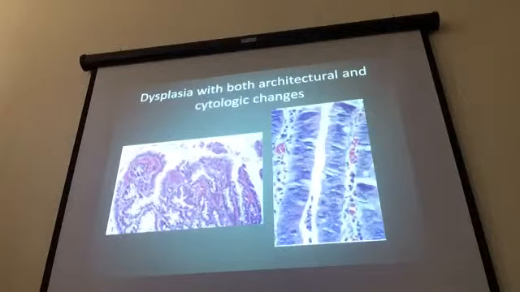And oftentimes there will be some associated architectural changes as well. So finding some complex architecture like this can be very useful. Here's a high magnification to show this loss of polarity in the mucosa.